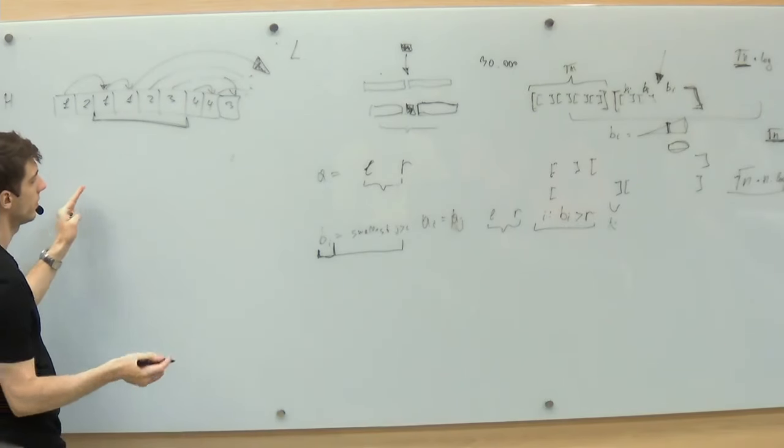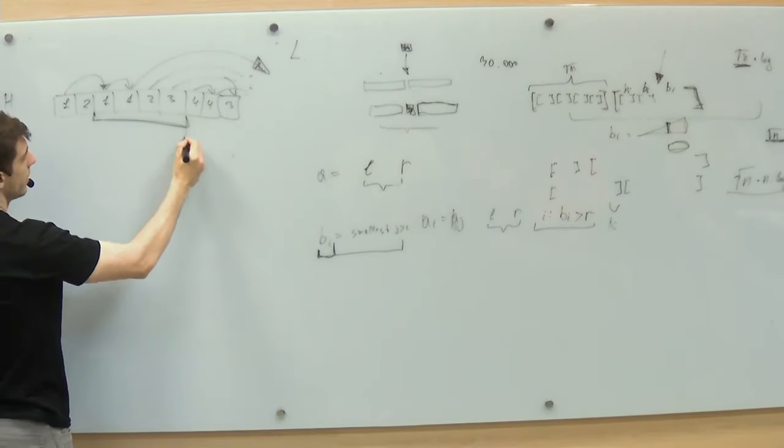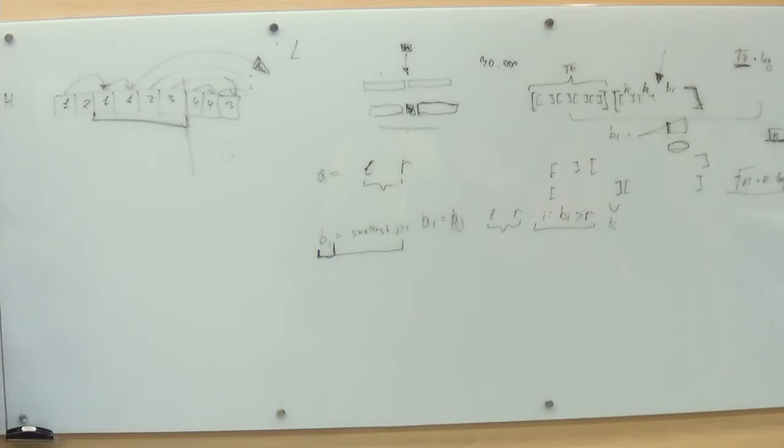Which is like the number of elements which is larger than this number. Which is much easier, like if you split this array into buckets and sorted them, it's just a binary search operation.